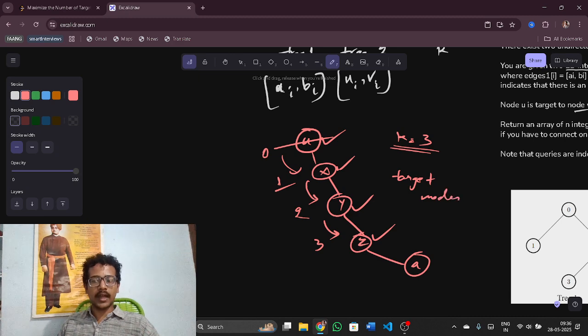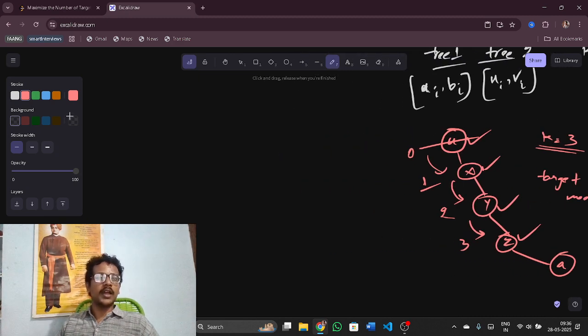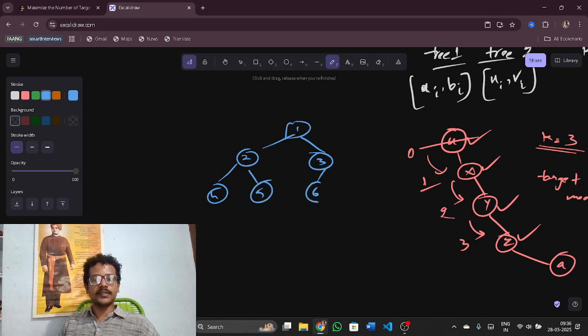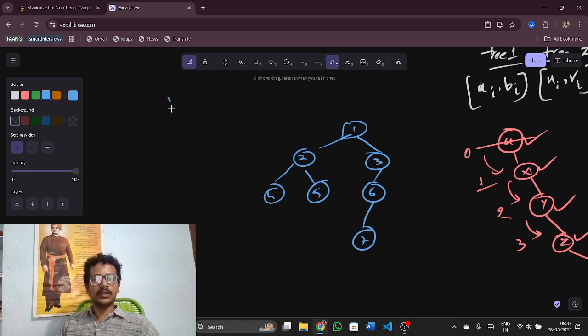Now let us look at another example so that we can understand what is a target node. Taking u, instead let me take it as 1 and then 2, 3, 4, 5, 6 and then 7. Now what if we are given k is equal to 2? Now this is target to itself, right?